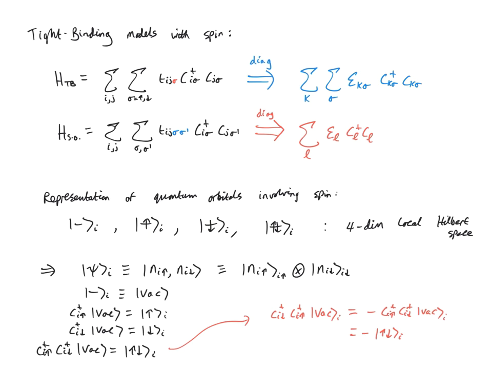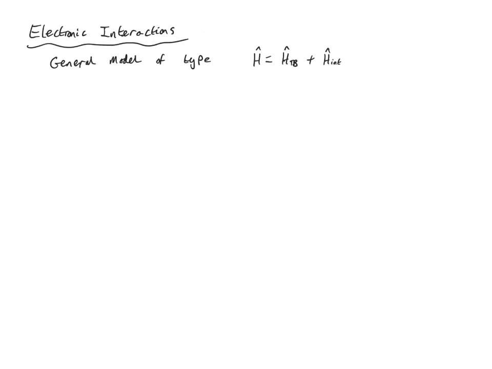So what I want to do now is actually consider a wider and more general type of model that allows for interactions between electrons of different spins. And so we will consider electronic interactions in models of a very general type. This is still not the most general type that you could possibly write down, but it's still a very general type. The Hamiltonian would consist of the sum of two terms.